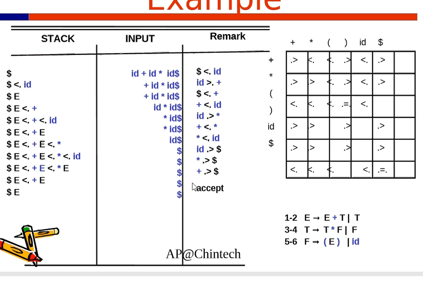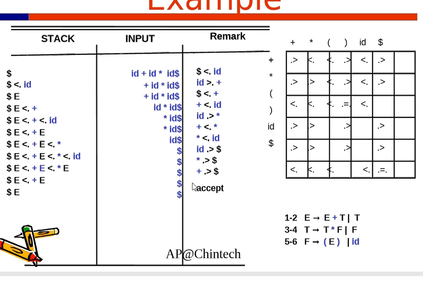Next is plus and star. It is lesser, so you will be inserting. Next is star and ID. It is lesser, inserted. Next you have ID and dollar. It is greater, so you popped it and ID is the handle.